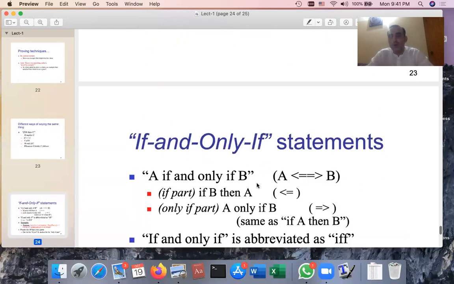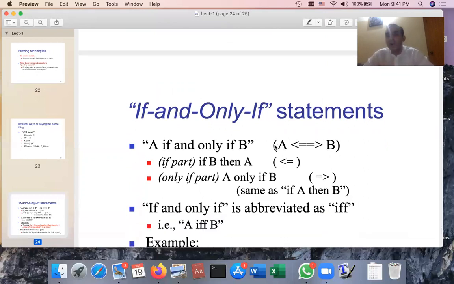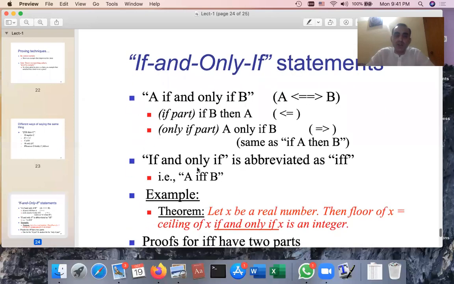Now for bidirectional implication, which we know is a form of if and only if statements. We can represent if and only if with iff. For example, "A if and only if B" is represented with a double arrow, an arrow on both sides, between A and B. This if and only if contains two parts, the if part and the only if part.